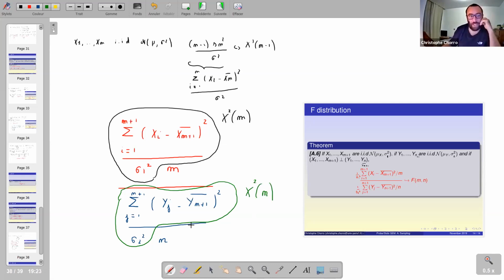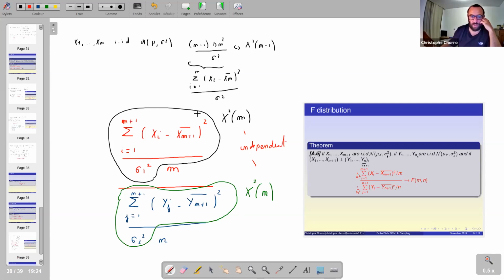And I know from my statements that these two sets of observations are independent. Here I have something that depends only on the Xi, and here something that only depends on the Yj. So these two random variables are independent from my statement.